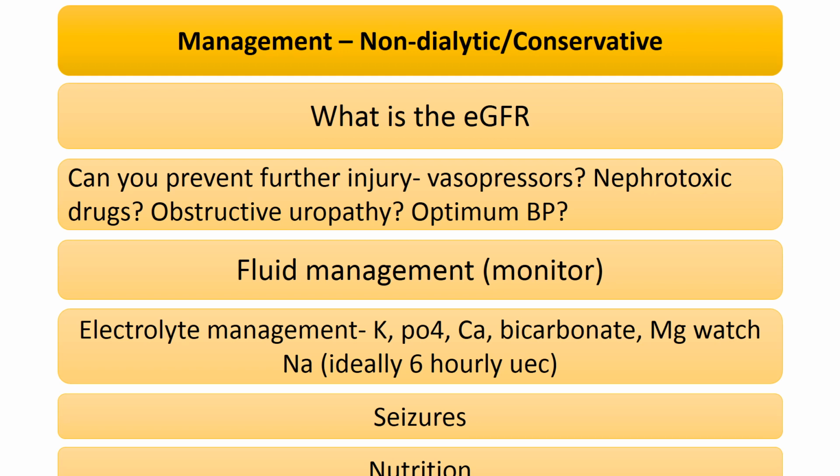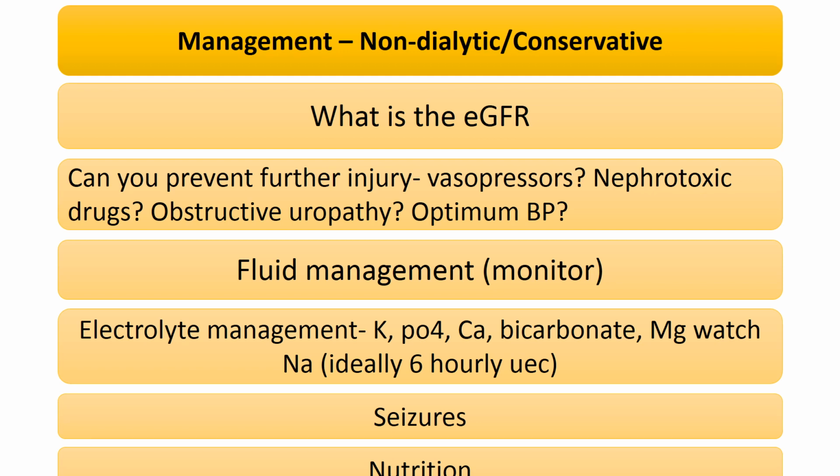Once we know what the estimated GFR is, it will help us to decide on, for example, drug dosing. We'll be able to get our BNF and decide whether we should hold certain drugs, whether we should adjust the doses of certain drugs. The second thing that we are going to do is to ask ourselves if we can prevent further injury.